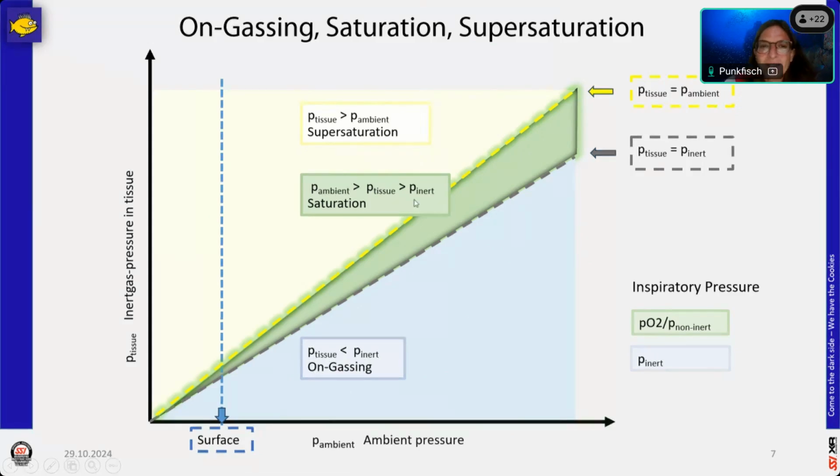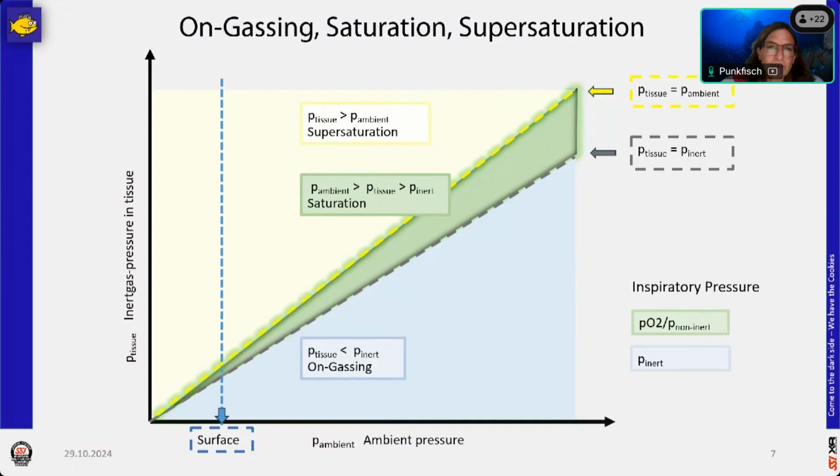Once the pressure in the tissue is higher than the pressure of the inert gas we are breathing, which only happens when we go up a little bit or when we change gas, but we come to this later, then we are in a moment of saturation.